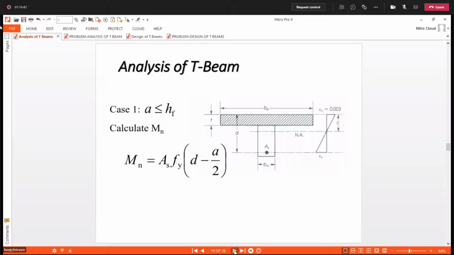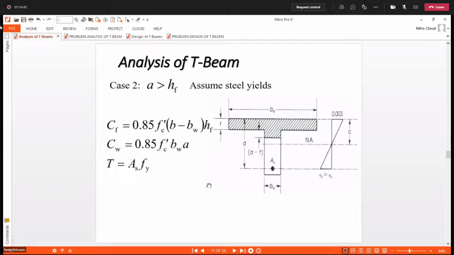Next, for case 2, our a is greater than hf. Meaning your steel yields, and the depth of your compression block is within the web, so you will have two compressive forces. The compressive force in the flange will be solved using this formula.